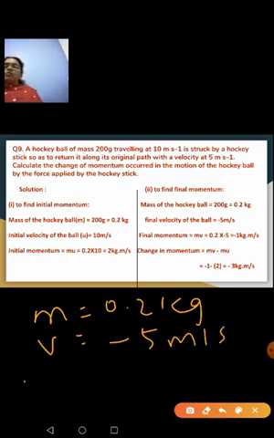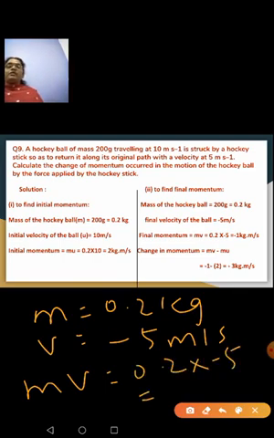Now my final momentum mv will be 0.2 into minus 5. 2 into 5 will give me 10, so 0.2 into 5 will give me 1.0. But there is a minus sign here, so I will write minus 1 kilogram meter per second. This is my final momentum.